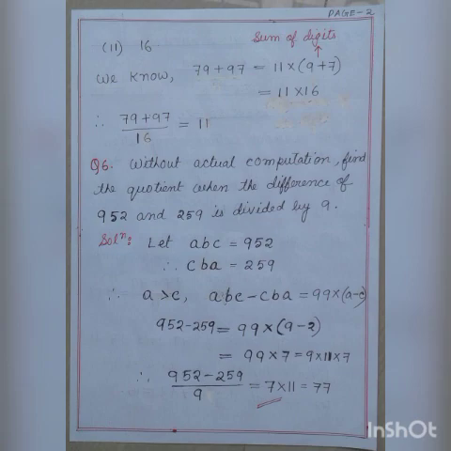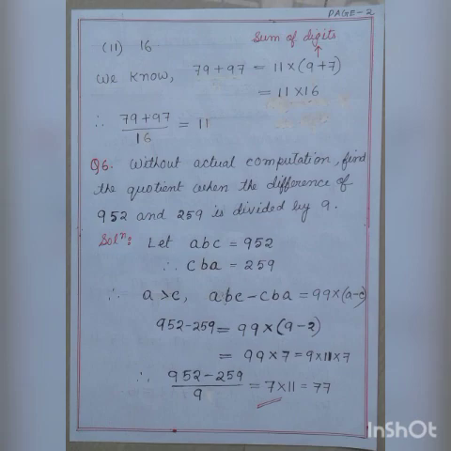Therefore, ABC minus CBA, if we subtract 259 from 952, we get 99 into the difference of the digits, that is 9 minus 2. 952 minus 259 is equal to 99 into 9 minus 2. 9 minus 2 is 7, which is equal to 99 into 7. 99 I can break up as 9 into 11.